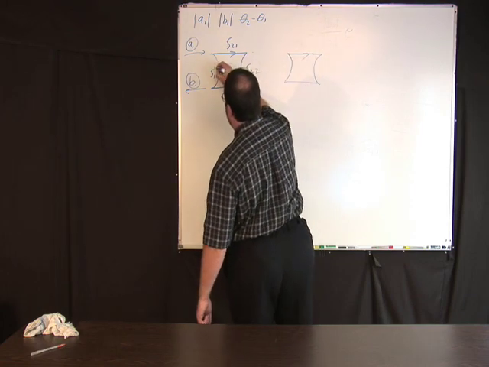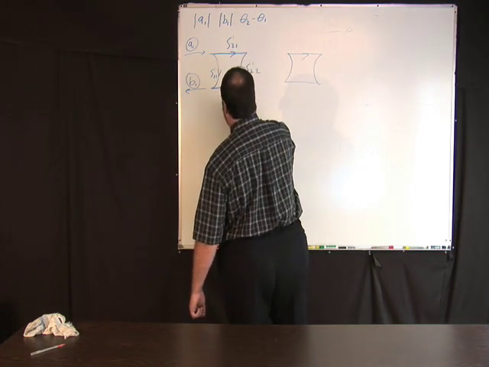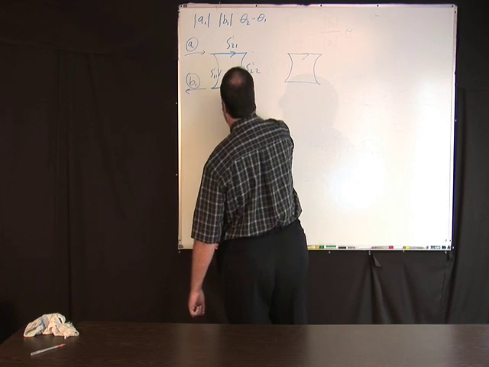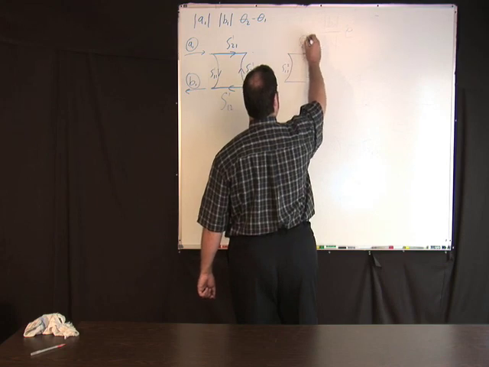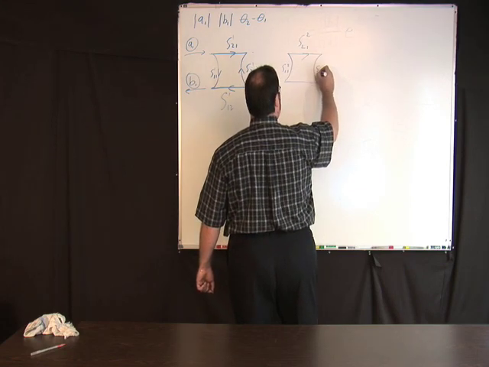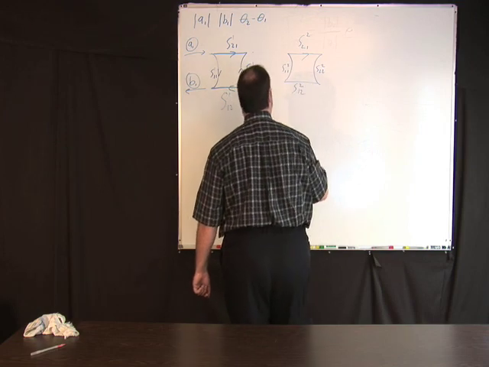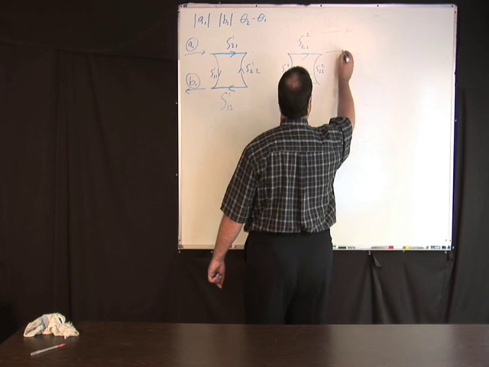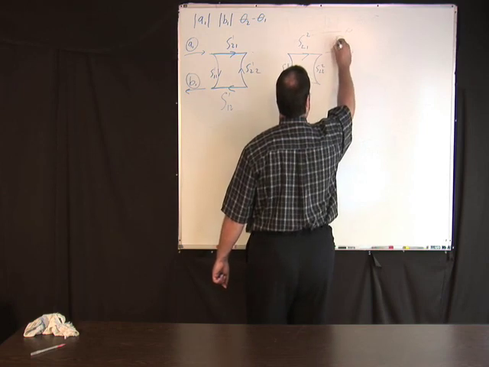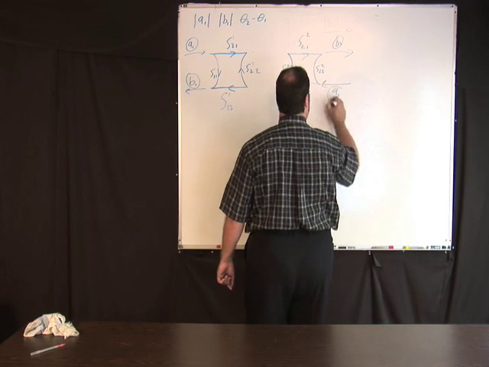So we'll call this S112, S212, S222, and S122, okay? And then we'll measure in the same way. We'll measure B2 and A1.